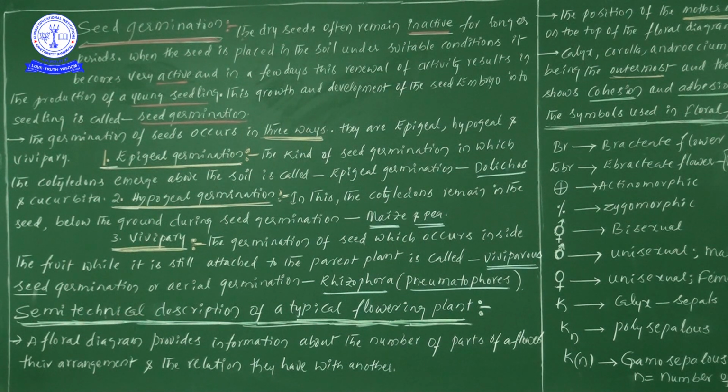Suppose these fruits fall on salinity soils, due to the high salt conditions these seeds will not germinate. Before germination, if these fruits fall in the salt water, these seeds will not germinate.